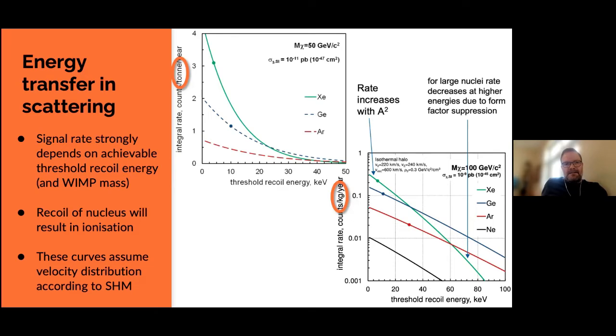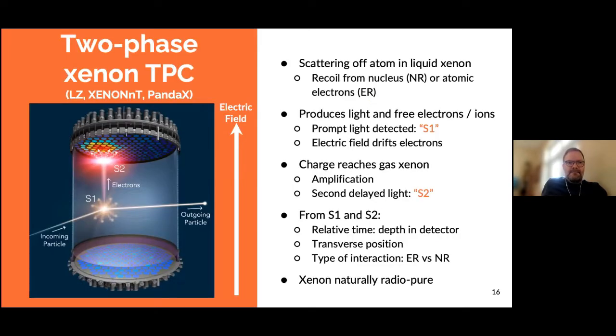So let's talk a little bit about these two-phase xenon TPCs. TPC is a time projection chamber. That basically means you have a strong electric field across your detector volume. And then if you have some ionization, you can strip out these electrons and measure them. What we are looking for is an incoming particle.